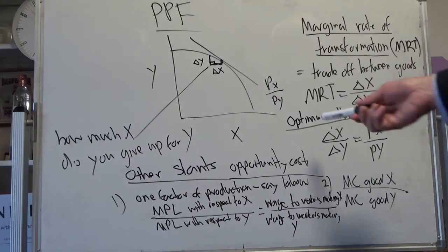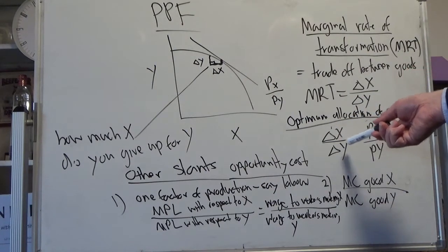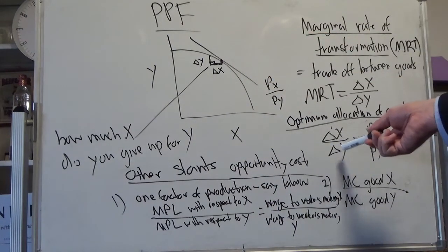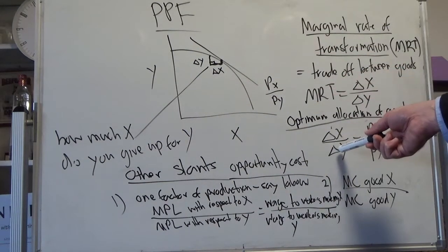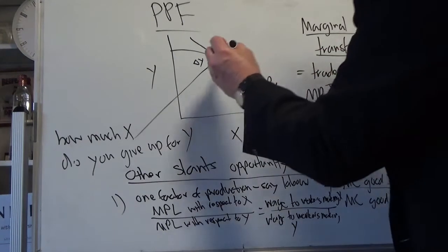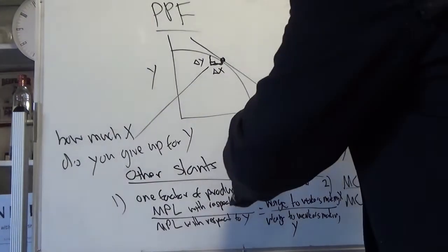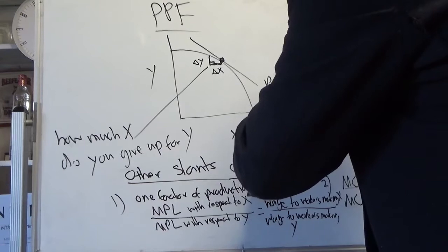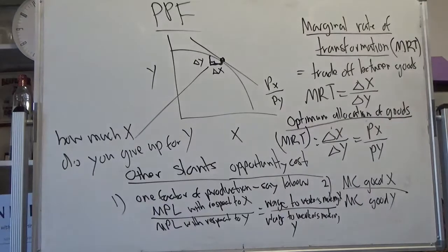So our optimum allocation of both good X and good Y is the intersection, the tangency, of the PPF curve and the price curve. That's our optimum, that point there, where MRT equals our budget constraint, our price schedule, the ratio of the two prices. MRT equals the ratio of the two prices.